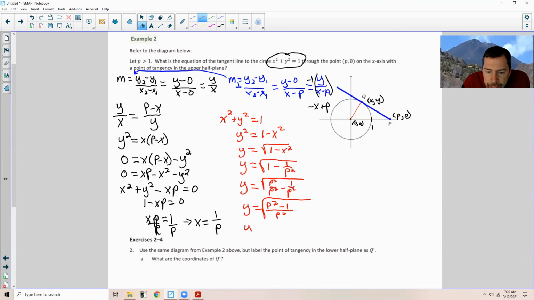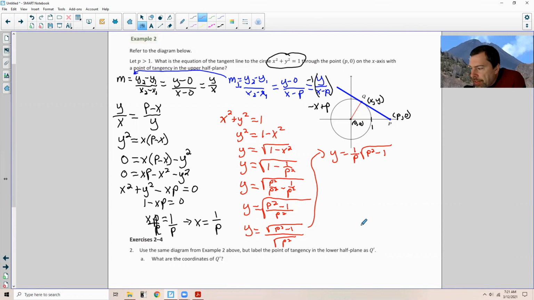Think of that as the square root of p squared minus 1 over the square root of p squared. So that is going to come out to be the square root of p squared is just p, but it's 1 over, think of a 1 out here, so that can come out of the radical and just have 1 over p times the square root of our numerator, which is p squared minus 1.